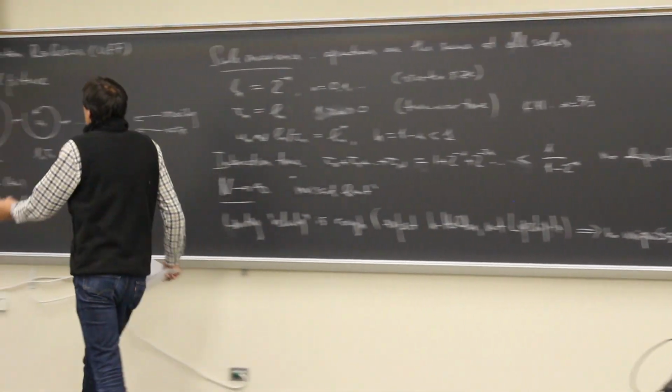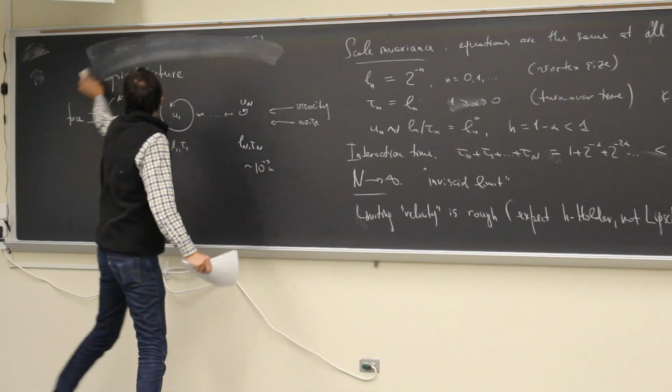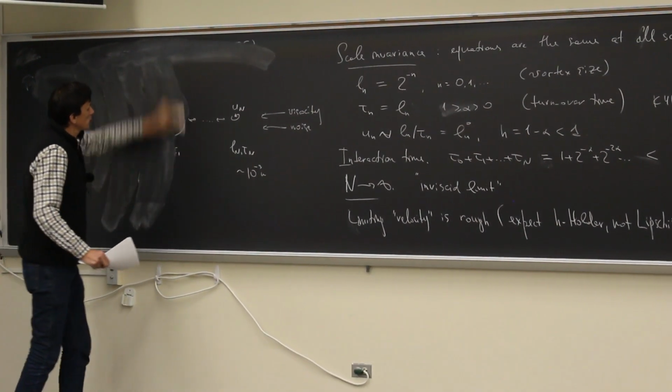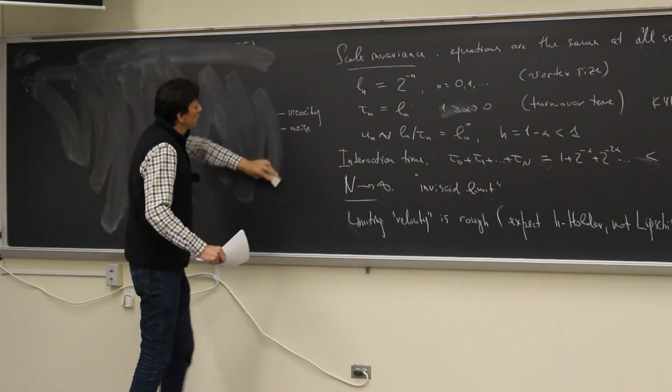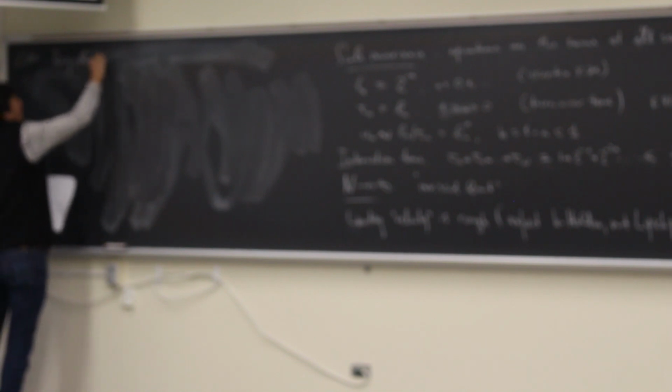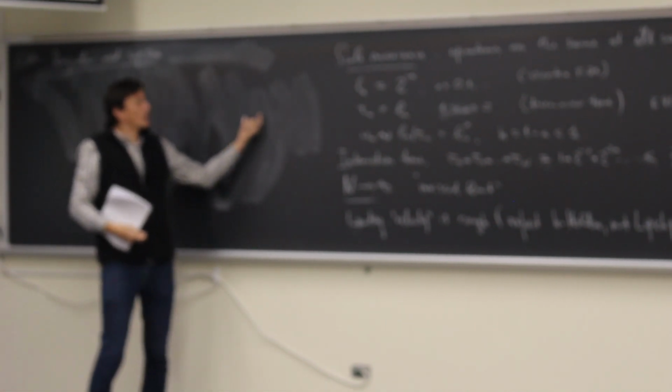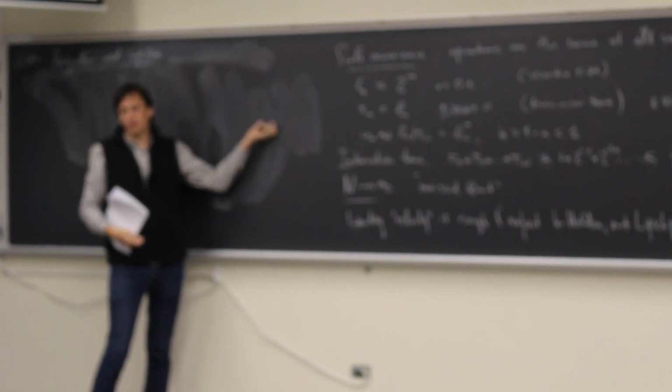Okay, so what do we do next? If we cannot solve it, let's do what physicists do in these situations: we take a regularized system. I erased it, but if you remember, there was some capital N, which was the smallest vortex.